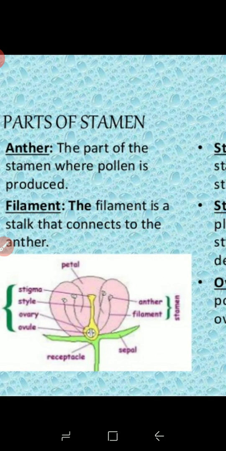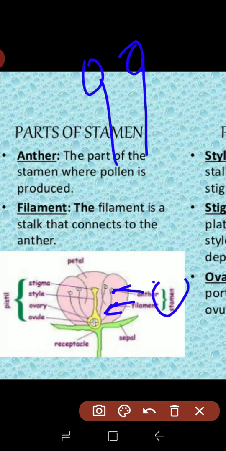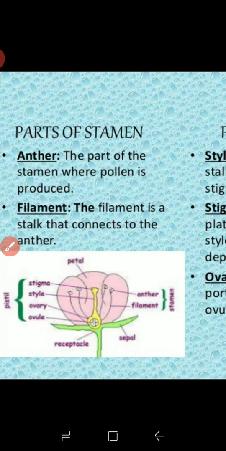This is the stamen, that means this is the anther and this is the filament. In China rose you can see this kind of structure. Both of these structures are called the stamen.